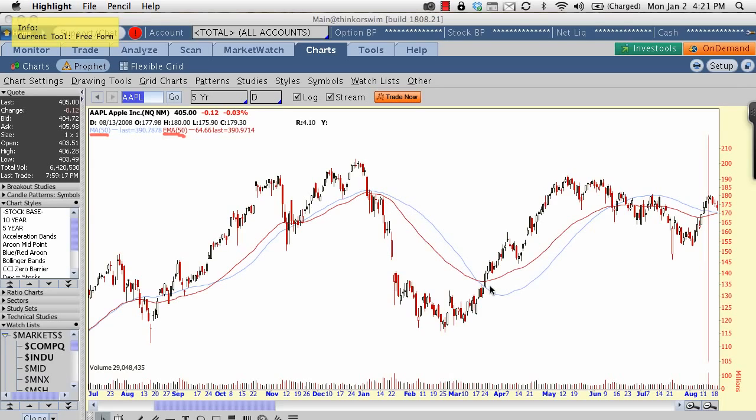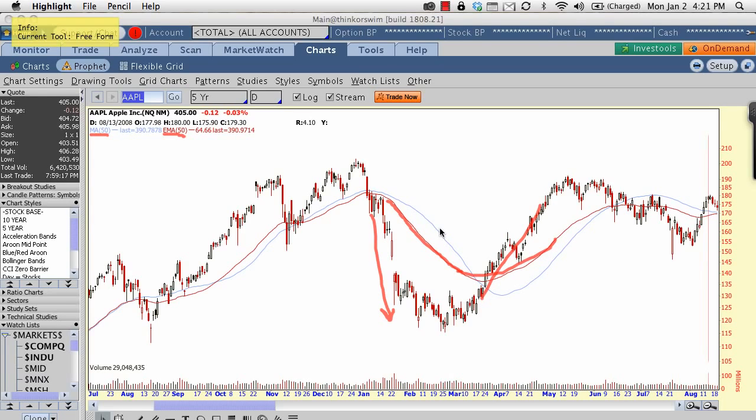There's not too much divergence between them, but notice how when the market moves down dramatically back in January of 2008 and 2009, the exponential moving average had a quicker reaction to the market moving lower and also had a quicker reaction to the market moving higher. You can see how it just kind of mirrors the market a little bit closer.